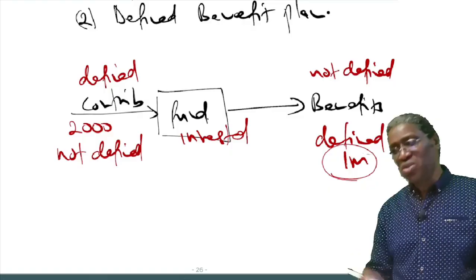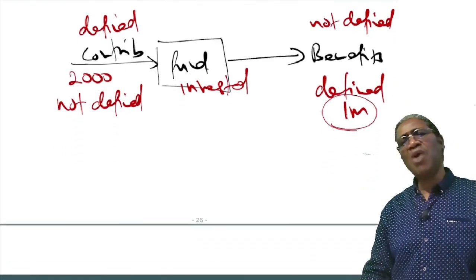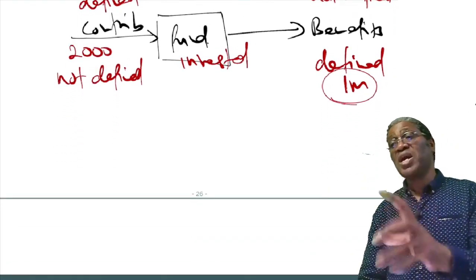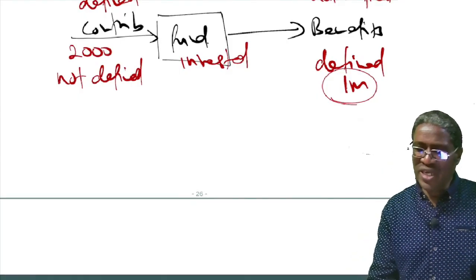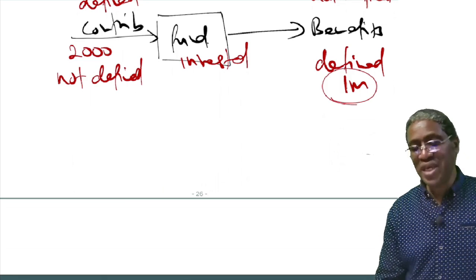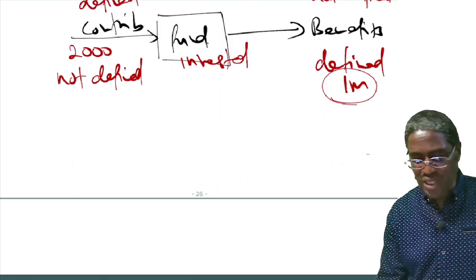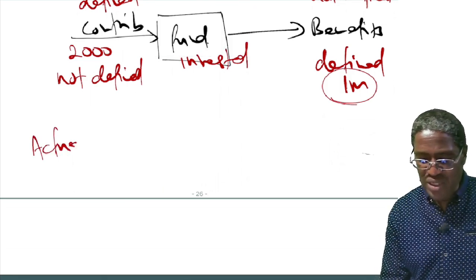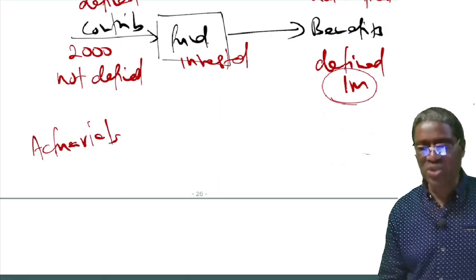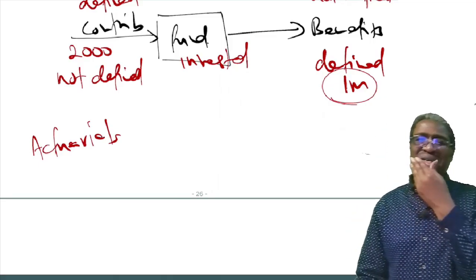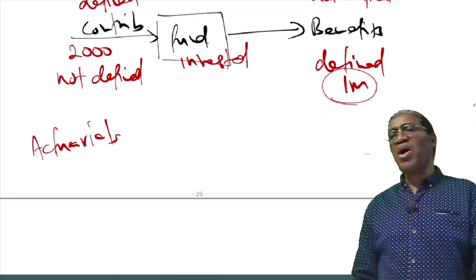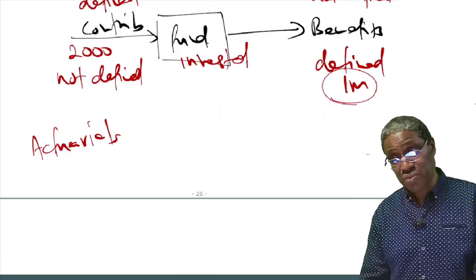So the question to you as a company is, how do I know how much to make as contribution? Because it's not known in advance. Listen, it is at this point in time that you as a company normally require the services of the actuaries.